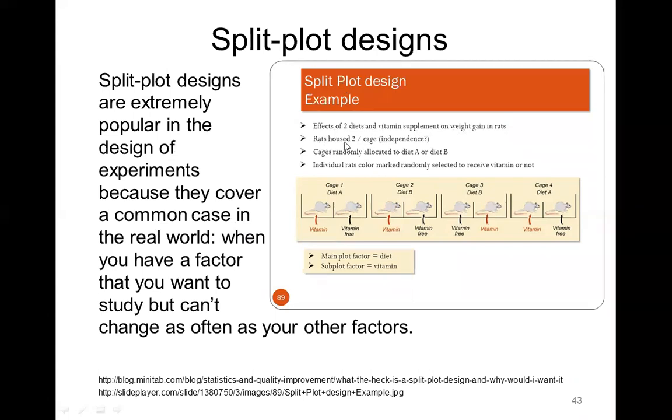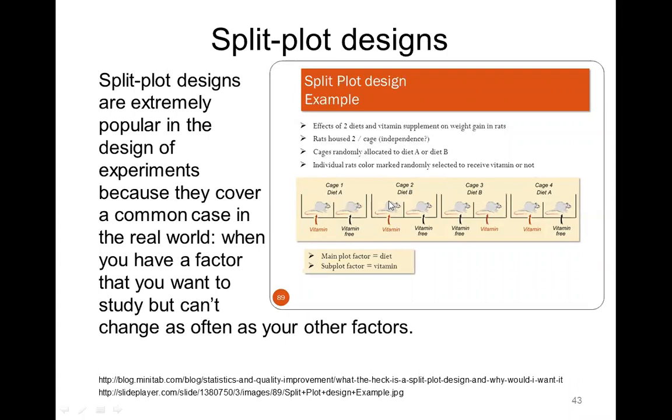So the rats are housed 2 per cage, so they're all eating the same food. The cages are randomly allocated to diet A or diet B, and individual rats, color marked, are randomly selected to receive vitamin or not. So here you have cage 1: one animal is getting the vitamin, one is getting the same food but without the vitamin.